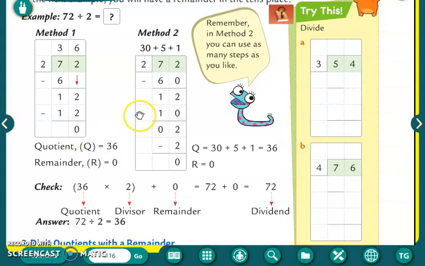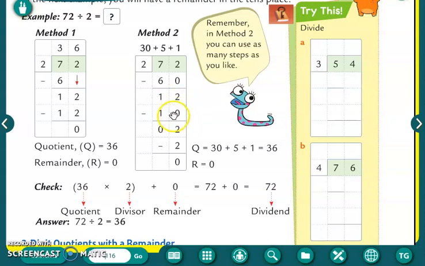The second method is also there. 30 divided by 2, sorry, 30 multiplied by 2 is equal to 60, and afterward 72 minus 60, so 12 will be the answer after subtraction.